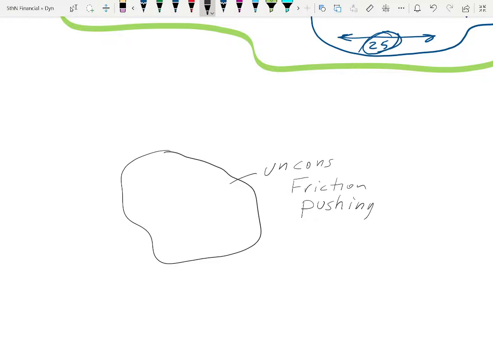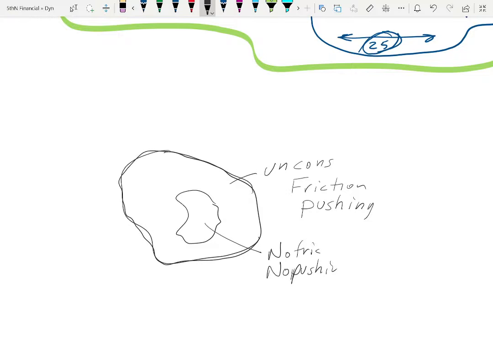These are all those types of problems. Inside that set might be ones that have no friction and nobody pushing. So if I was able to write an equation that covered all these by nature, it would cover all of it.